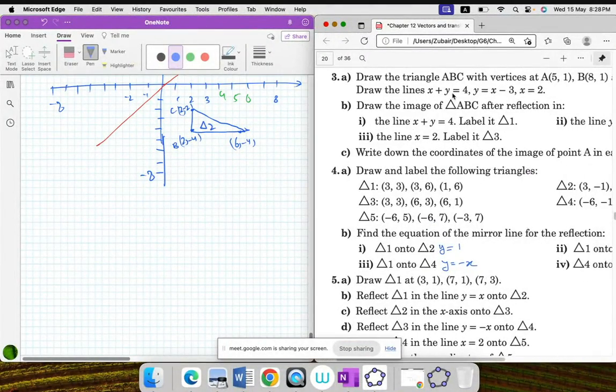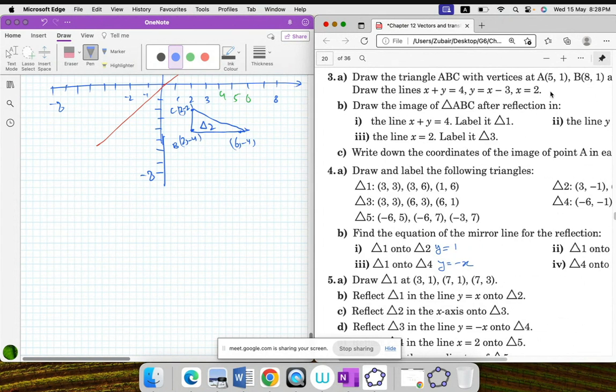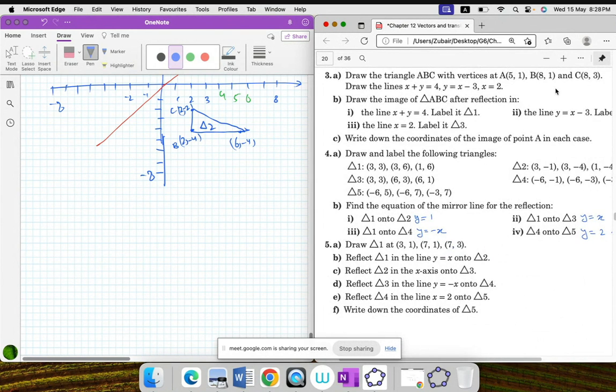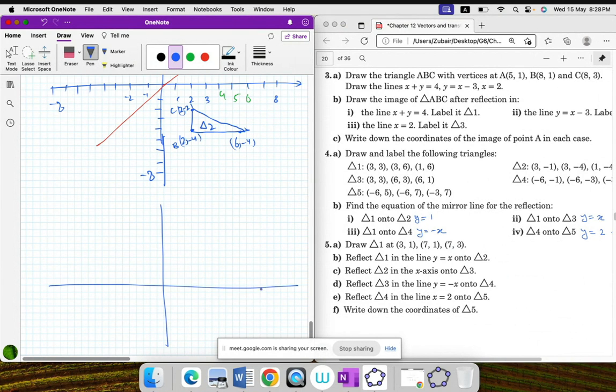The question says draw the triangle ABC with vertices at 5 comma 1, 8 comma 1 and 8 comma 3. Now he's again expecting us to draw from 0 to 8, 1, 2, 3, 4, 5, 6, 7, 8. Just consider them equally spaced.